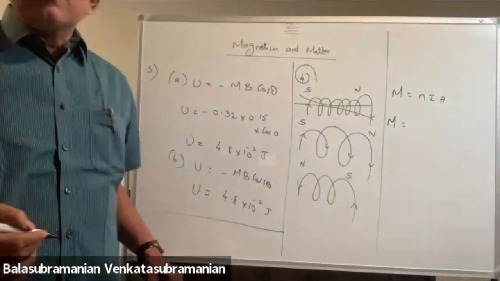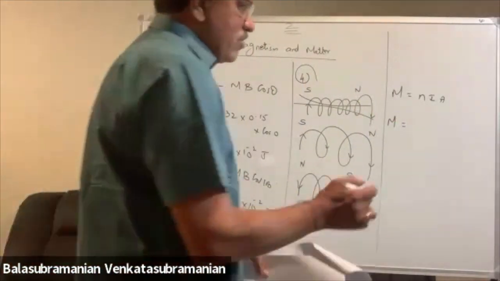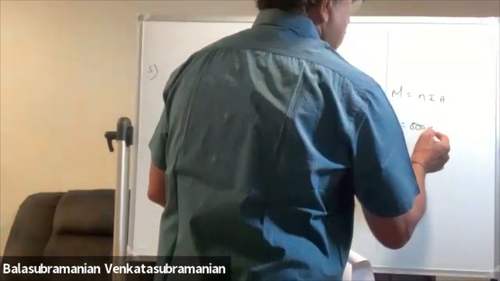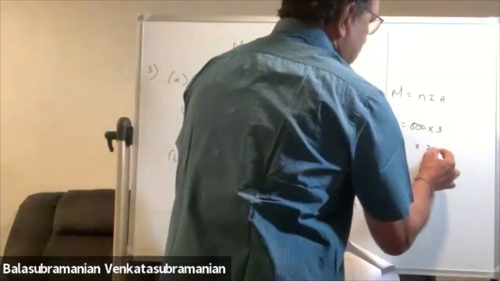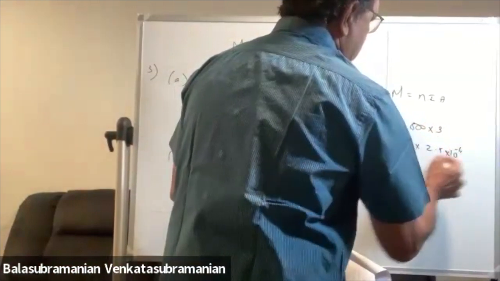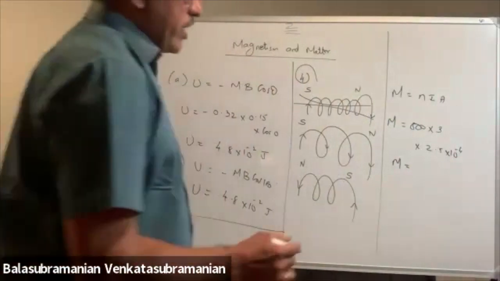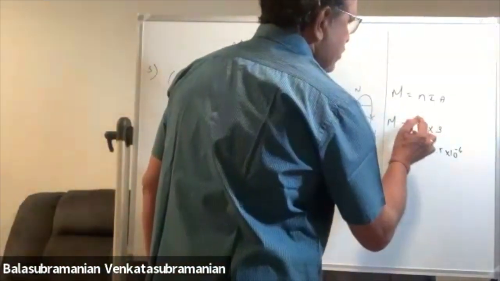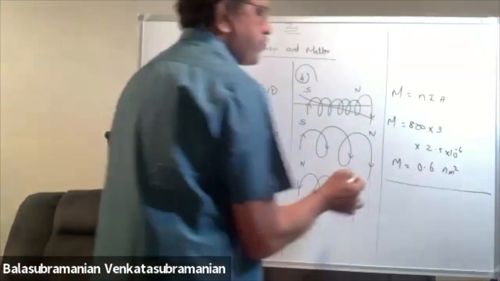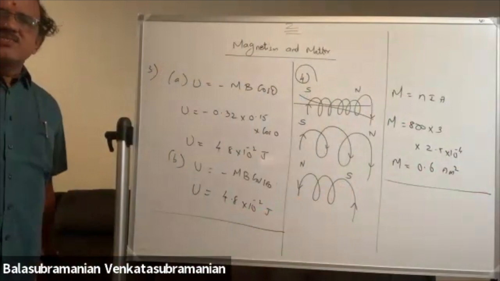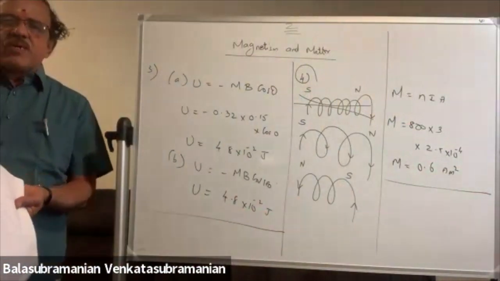N is called the number of turns, in our case it is 800, into current 3 ampere, into area 2.5 × 10^-4 m². Simplify, you are getting 0.6 ampere meter square. 0.6 A m² is the value of the magnetic moment.